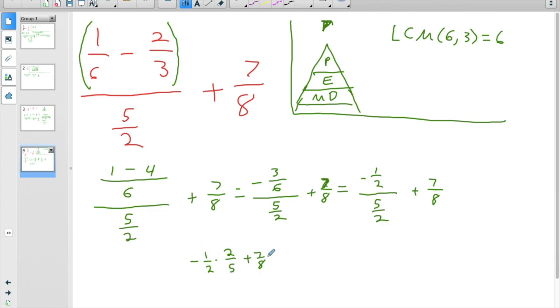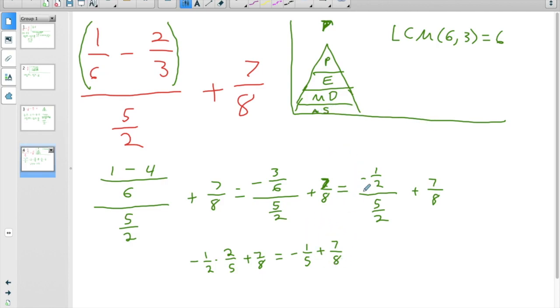And this becomes negative 1/5 plus 7/8. Okay, so now we've done all of our multiplication and division, so we are just left with addition and subtraction.